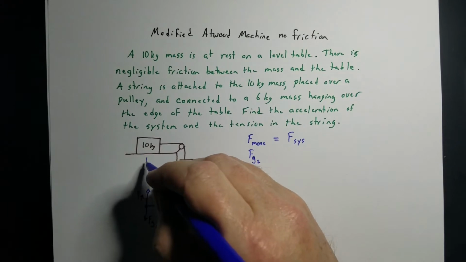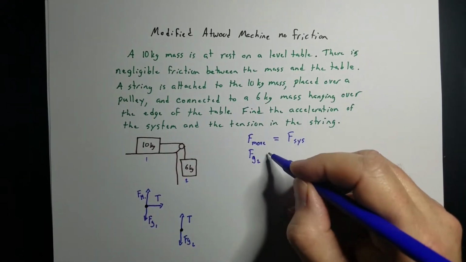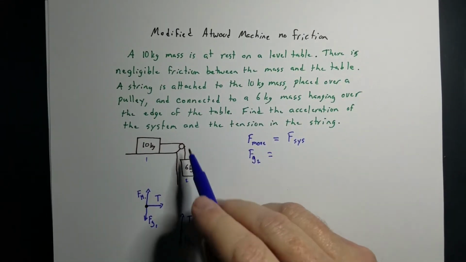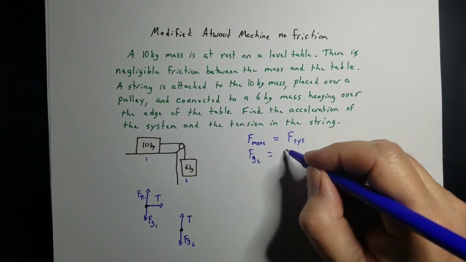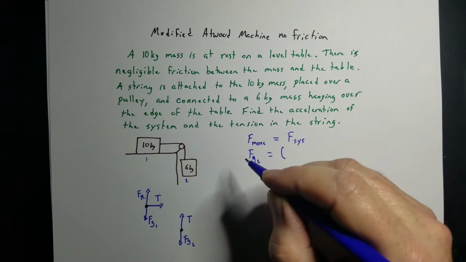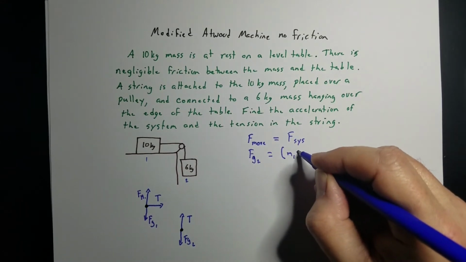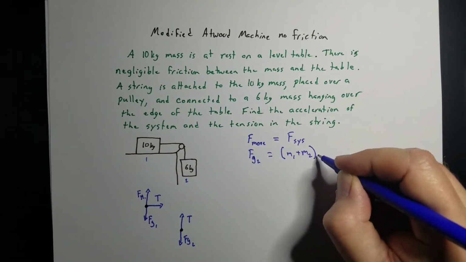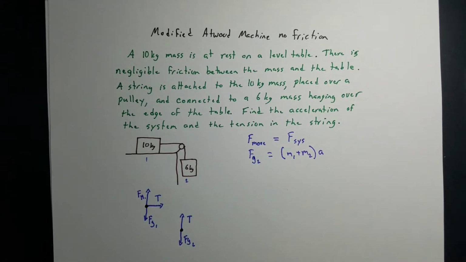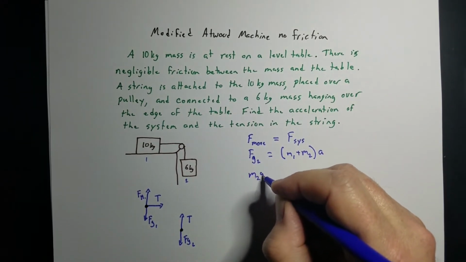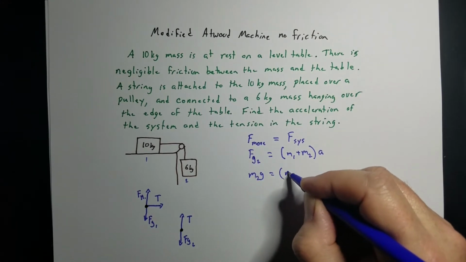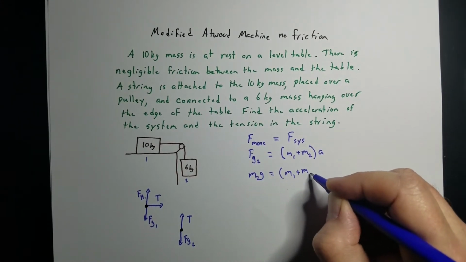This is mass 1, that's mass 2. And it's causing the whole system to accelerate. So that's equal to ma, but that mass is the mass of both things put together at some acceleration. So that's really m2g equals (m1 plus m2)a.